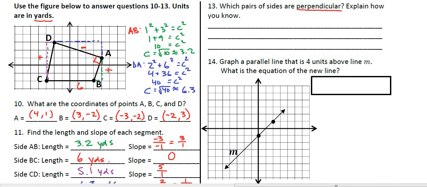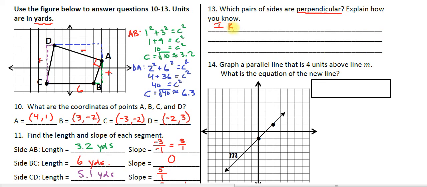So for this question, I know that AB is perpendicular to DA because they have opposite reciprocal slopes. Now, let me write this for a second. Opposite reciprocal slopes. That's your proof.